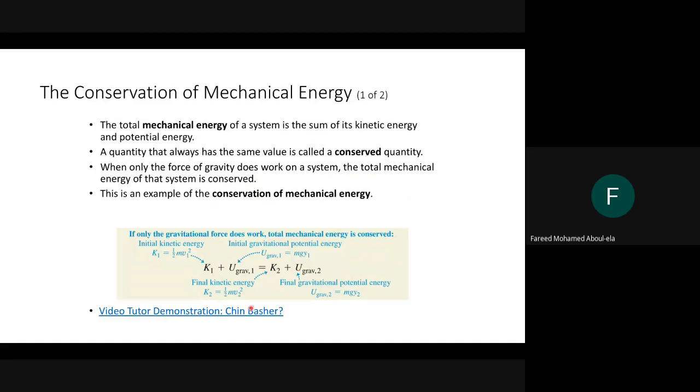So in a demonstration with a person named Chin Basher, someone lifts a ball, the volleyball, on the cable, and it swings down and then rises back to the same vertical height as the start. Because when you set the height of the ball at the beginning on one side, then you put potential energy into the system, gravitational potential energy, because you lifted the ball.